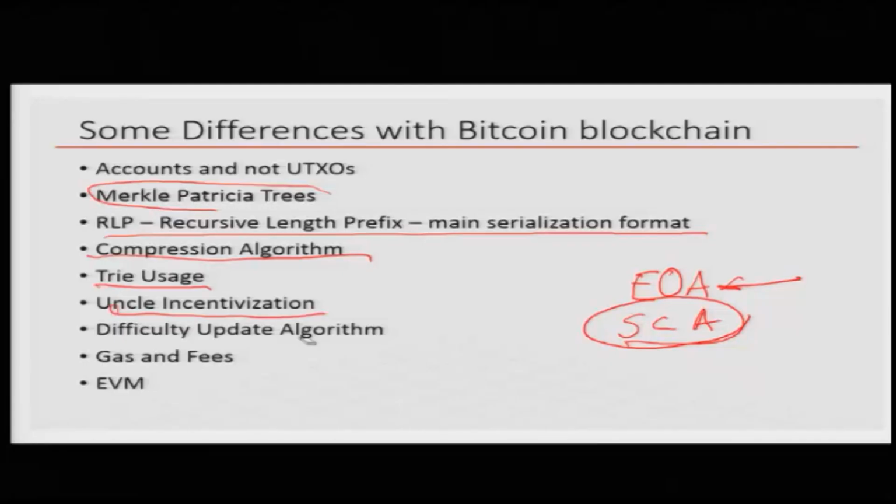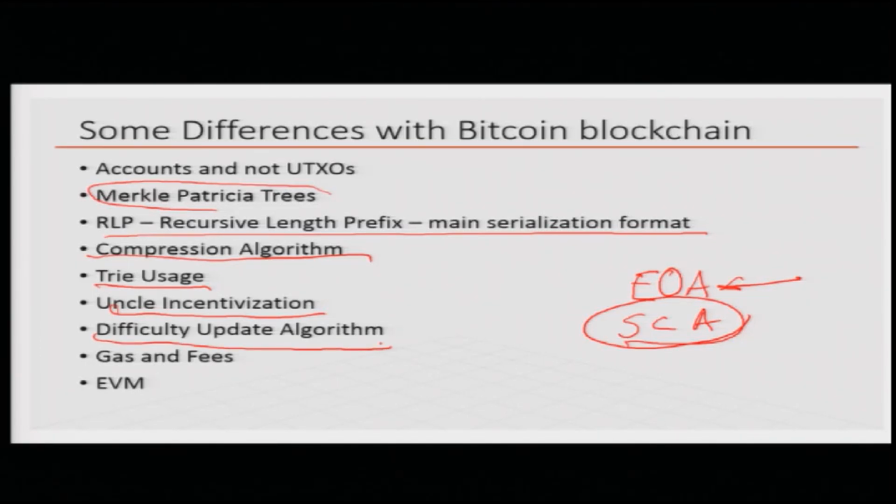There is also a difficulty update algorithm, which Bitcoin also has, but it's a different algorithm. Bitcoin also changes the difficulty of the hash puzzle, and this one also does that. The notion of gas is completely absent in Bitcoin. Bitcoin has the notion of transaction fees; here we pay gas, and because we pay gas, we always have to pay fees.